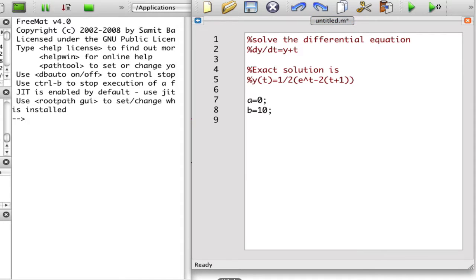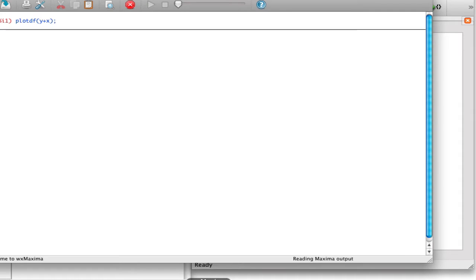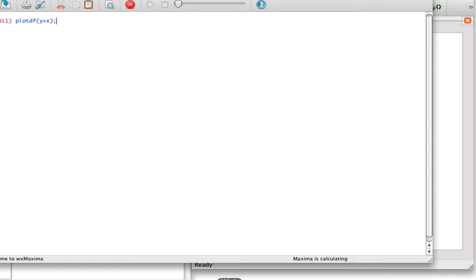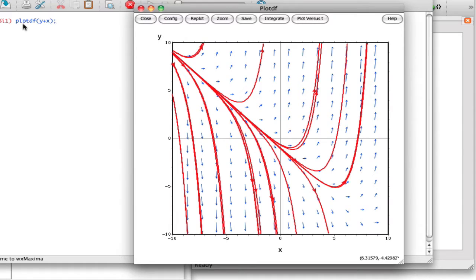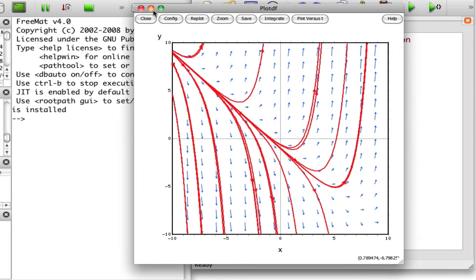So we have our picture. So, should we go from -10 to 10? Let's go from 0 to 10. Okay. So 0 to 10 sounds good. So we're kind of chopping it off right there. But that's okay.